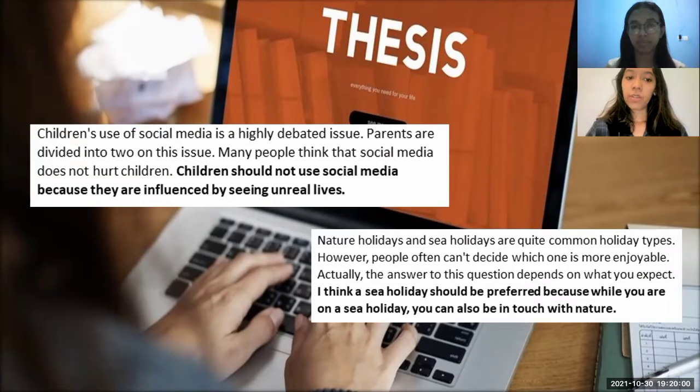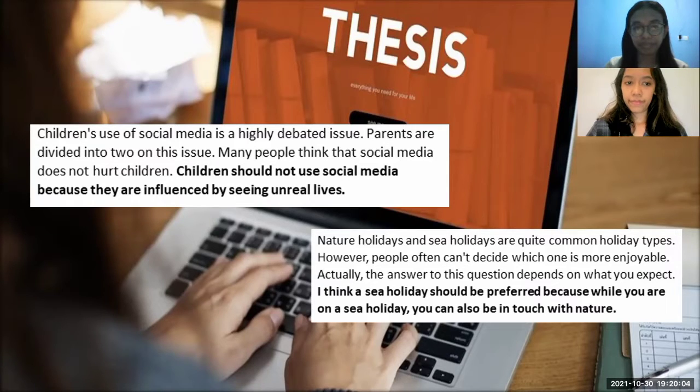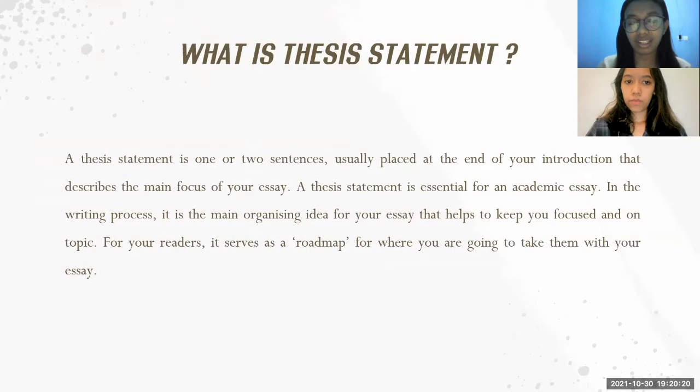Okay, next part will be explained by Alpha. Okay, thank you, Yoli. Let's get into the topic we are going to discuss. Does anyone know what the thesis statement is? A thesis statement is one or two sentences, usually placed at the end of your introduction, that describe the main focus of your essay.